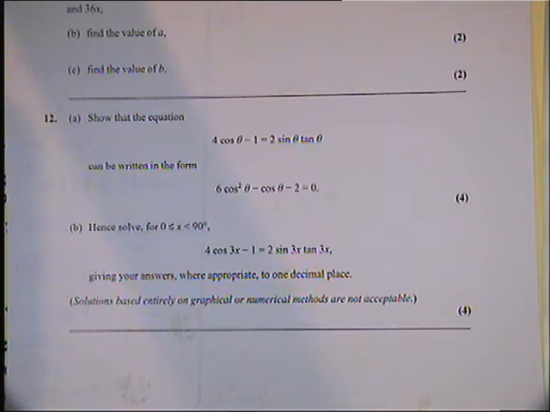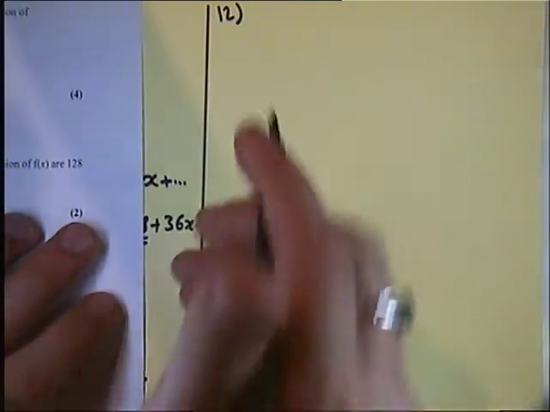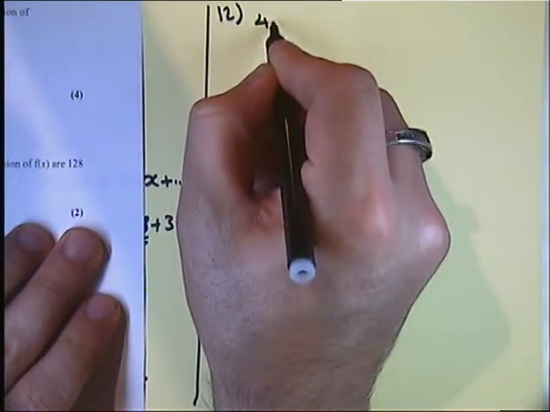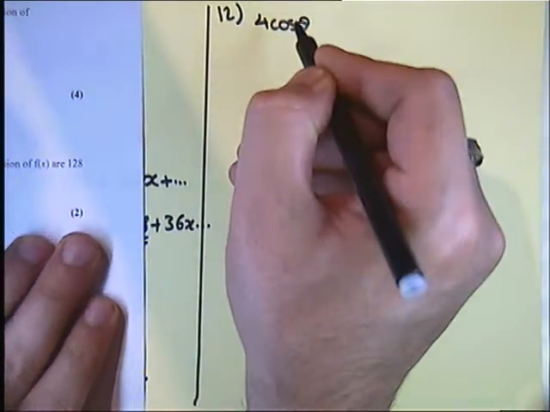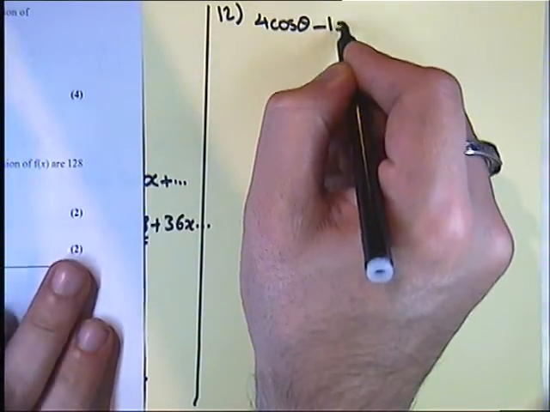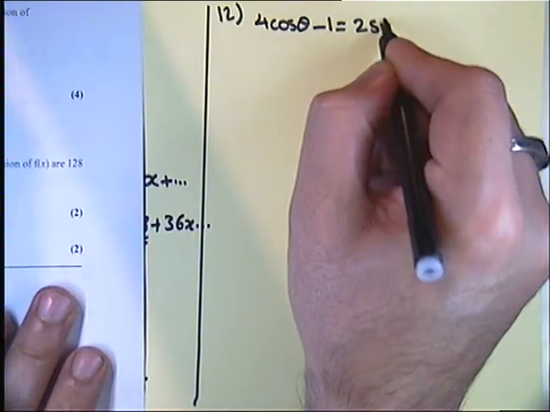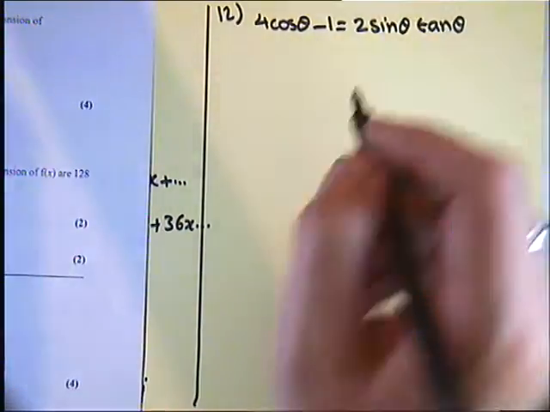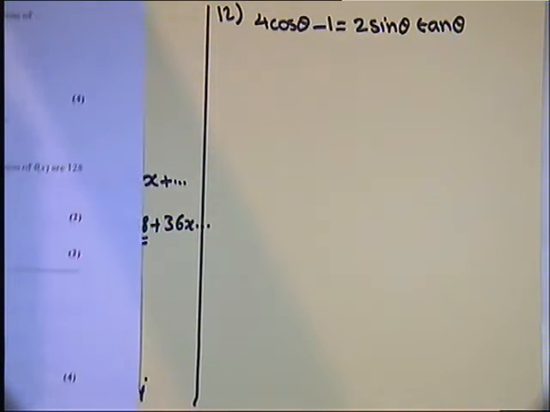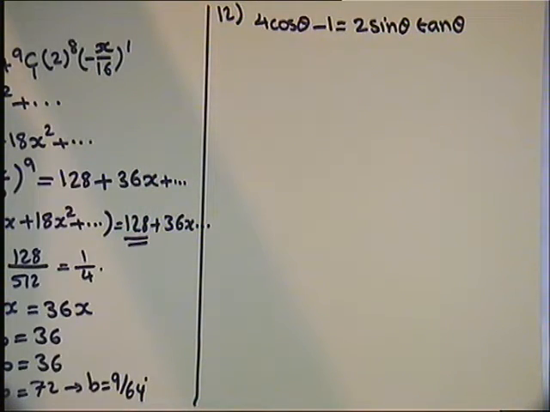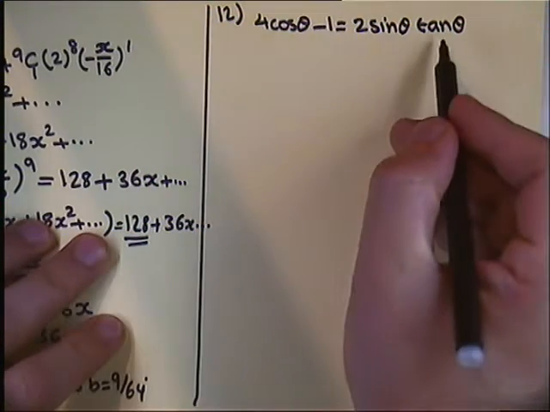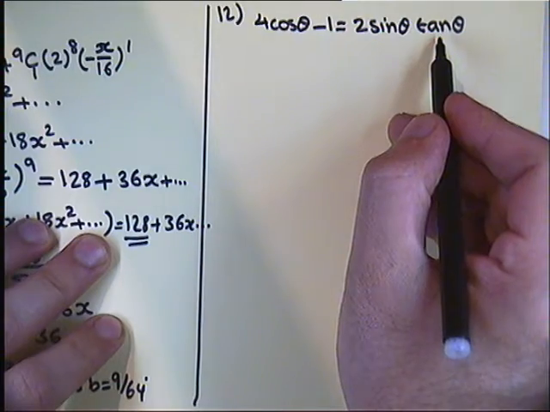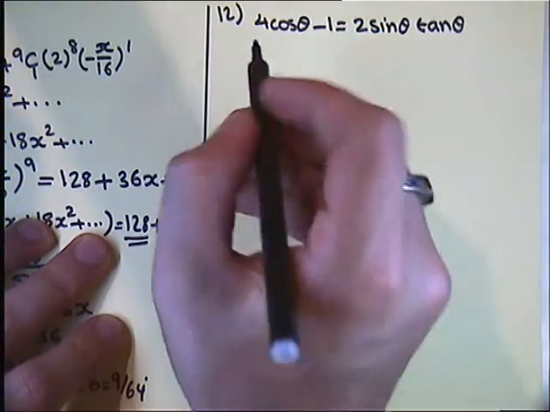Okay, so let's write down the equation: 4 cos theta minus 1 equals 2 sine theta tan theta. We need to write down everything in terms of cos theta. So all we need to do is write down tan theta as sine theta over cos theta.